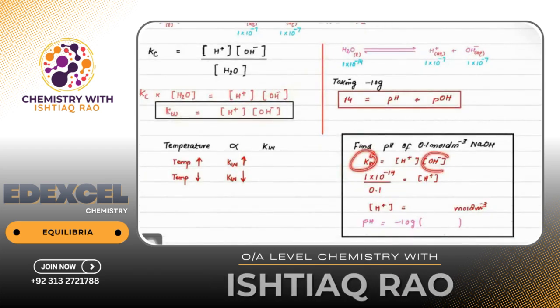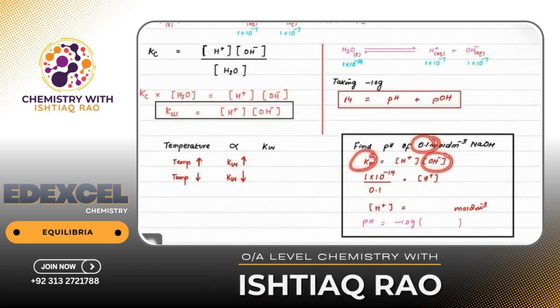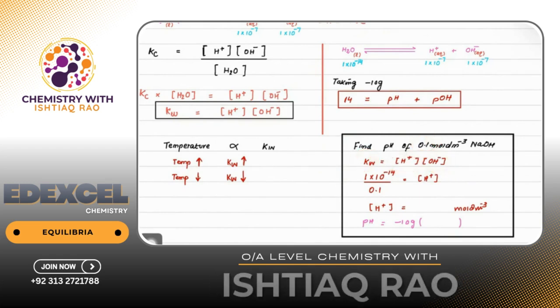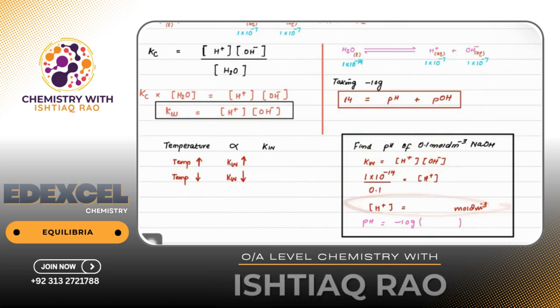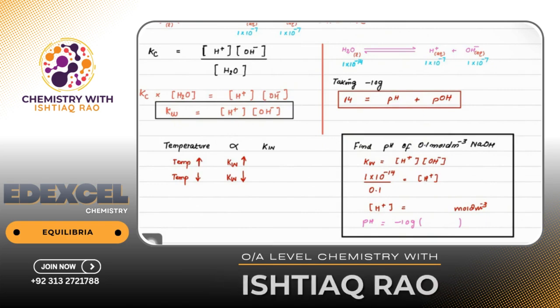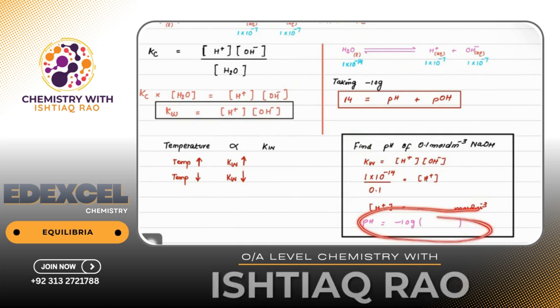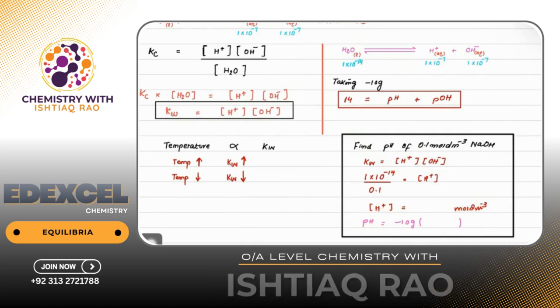I know OH minus is 0.1, and I have to find the concentration of H positive ion. I did this. Now I know the concentration of H positive ion, and I can put it in this expression. That is going to be the simple one. pH is equal to the negative log of H positive ions.